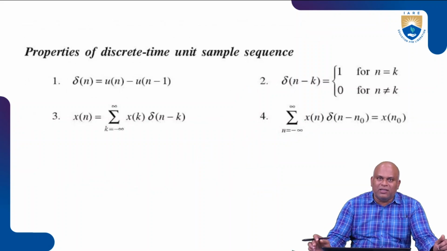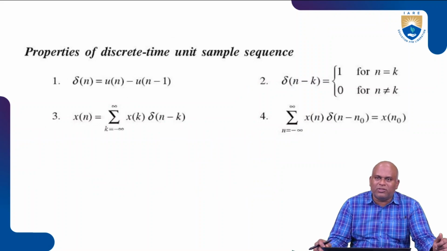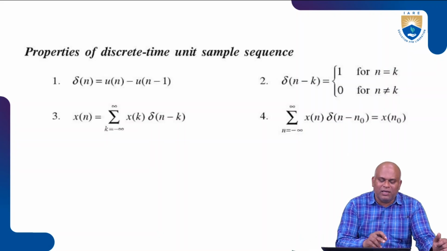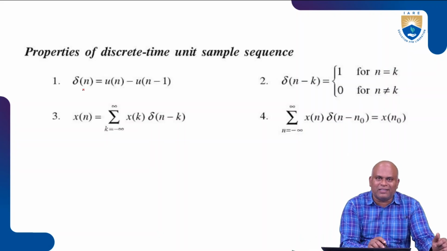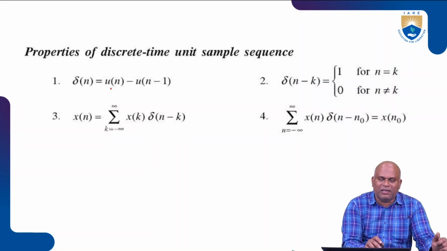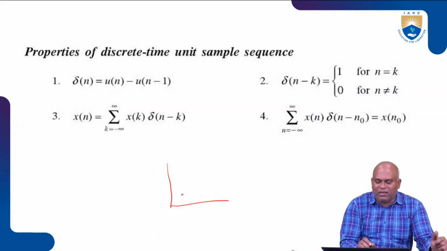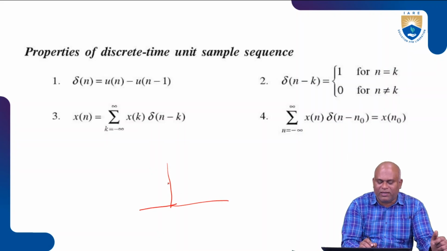Next case, this is also going to satisfy some property of the discrete unit impulse sequence. Then δ[n] we get by subtracting u[n] minus u[n - 1]. This is a shifted version. For example, take u[n], represented as 0, 1, 2, like that.